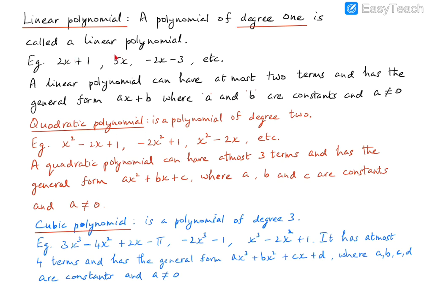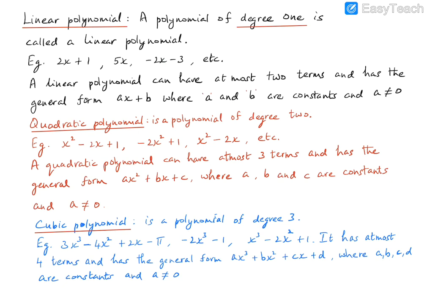It's 2x power 1. Here 5x is a single term, and the power of x is 1, so the highest power is simply 1, and therefore this is also a linear polynomial because its degree is 1. Similarly, here we have minus 2x minus 3, so the power of the variable x is 1, therefore this is also a linear polynomial.